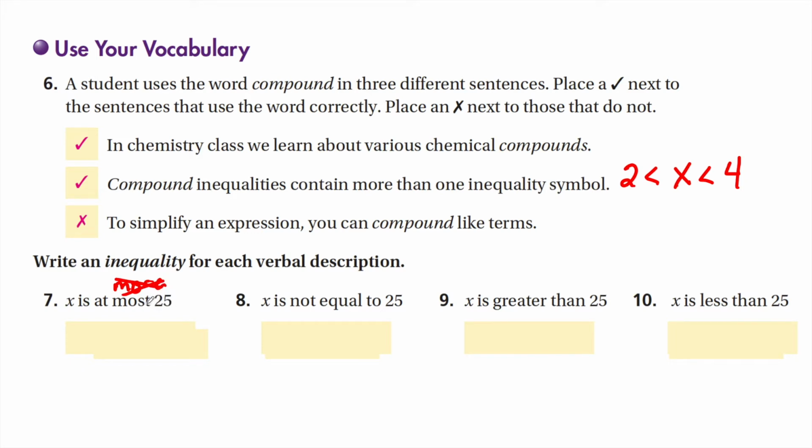It's saying that no matter what, we can't go past that 25. That 25 is our limit. And therefore, X is at most 25 is going to become X is less than that 25. However, we can also include that 25. So it really becomes X is at most, or X is less than or equal to that 25.